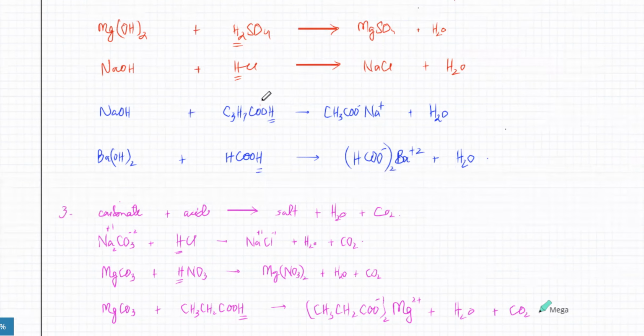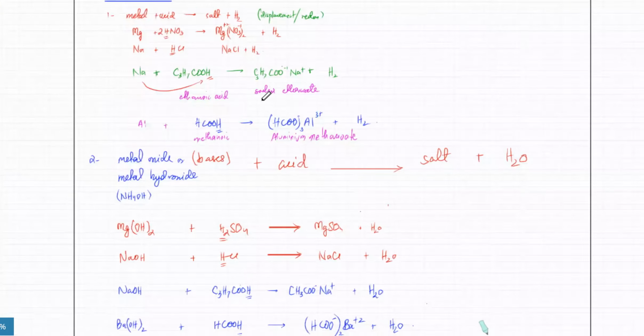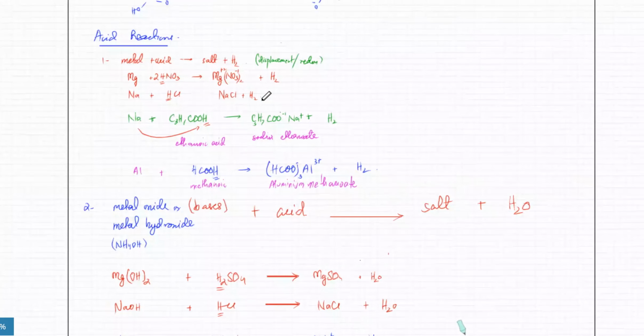So we did 3 reactions of acids and bases, specifically applying them to carboxylic acid. Metal plus acid produces salt plus H2. The H gets knocked out and the metal takes its place. Metal oxides or hydroxides form salt and water. Same thing, Mg comes in, knocks out H, and you get MgSO4.